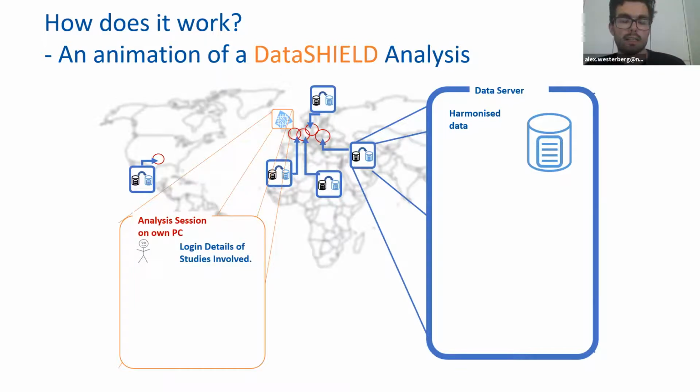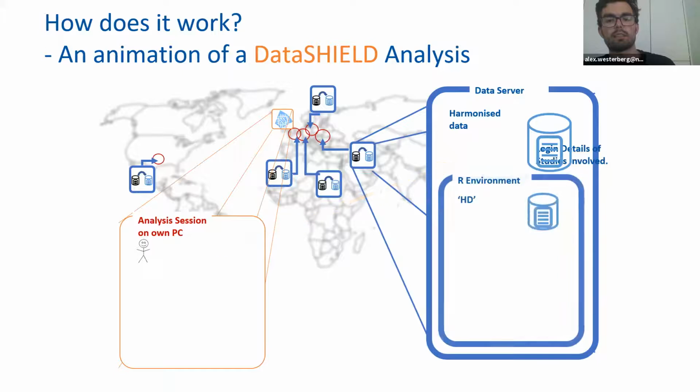If I, as the analyst, am allowed, I will be given the login details so that I can write the login command and send it to the server. So that sets up the session, and it allows me to then send commands and get aggregate results from that data. So that connection between the analyst and the data is known as the DataShield session. So on that server, we have an R environment with some data stored in it.